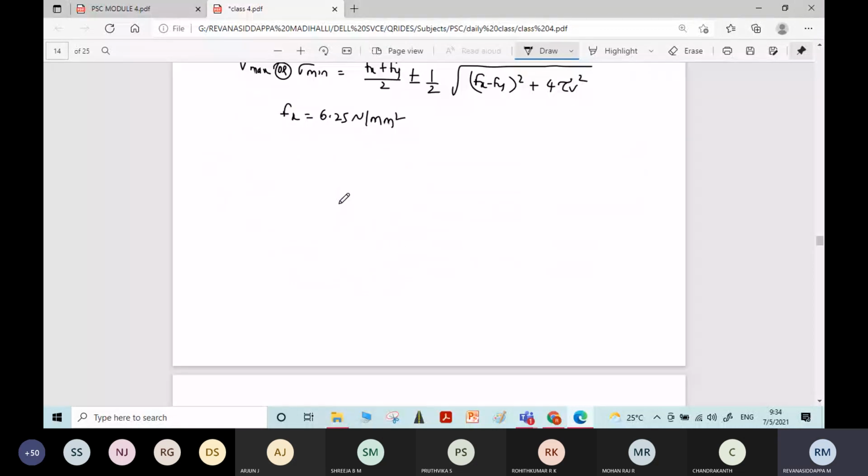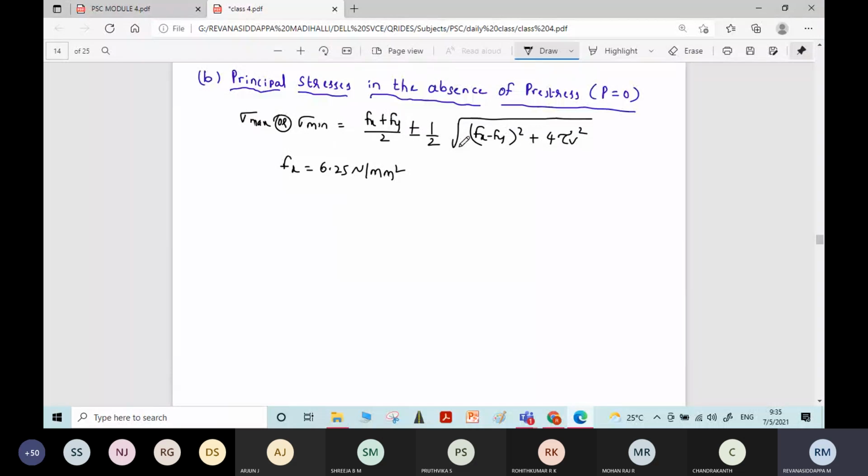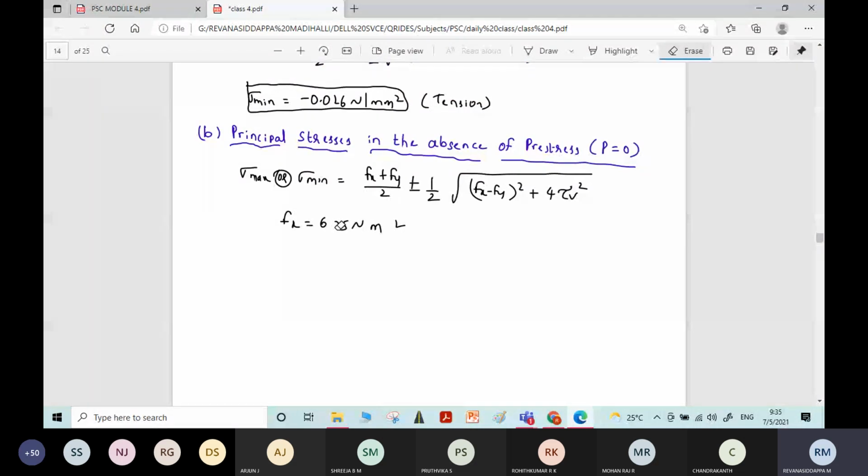I'm sorry, here pre-stressing force P equal to 0, no? That is why it becomes 0. Fx equal to P by A. Here pre-stressing force is equal to 0, therefore fx becomes 0. Fy is already 0.